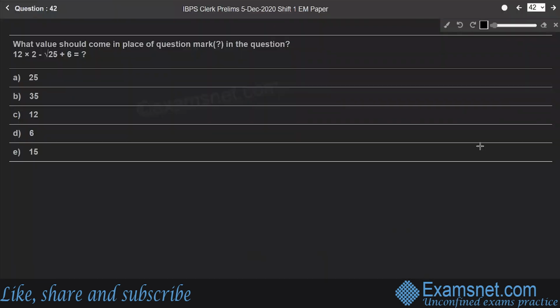Question 42. What value should come in place of question mark in the question? Here the question is 12 into 2 minus root of 25 plus 6 is equal to. Let us solve this according to the BODMAS rule: brackets, of, division, multiplication, addition and subtraction.